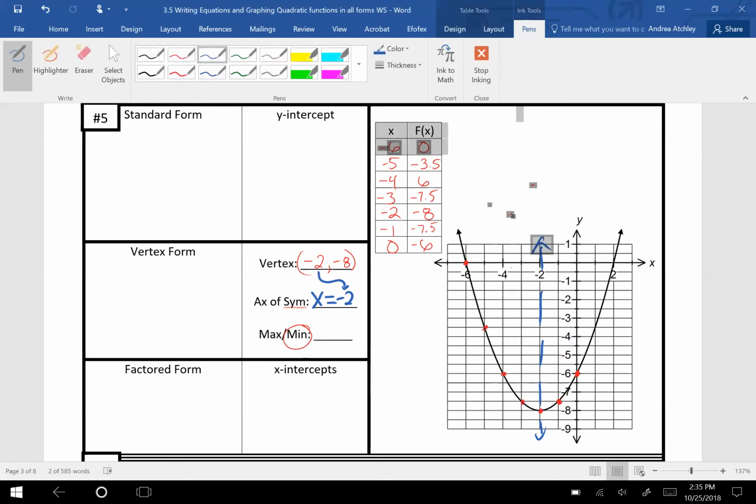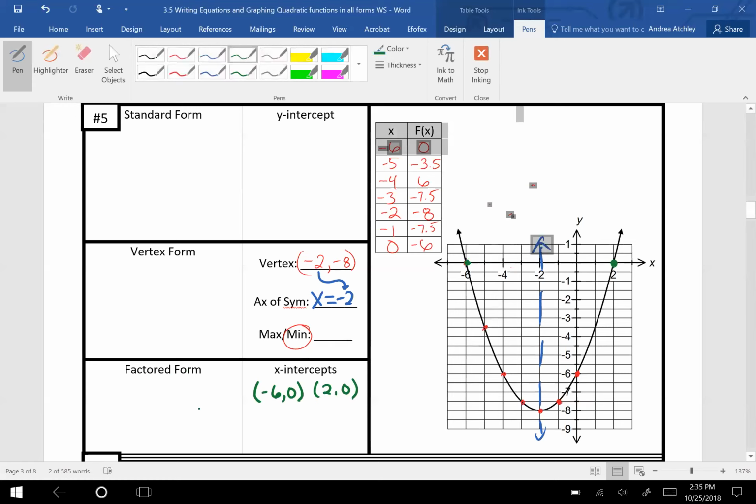The next thing we could do is find factored form and the x-intercepts, because we have the x-intercepts already here at -6 and 0, and then at 2 and 0.